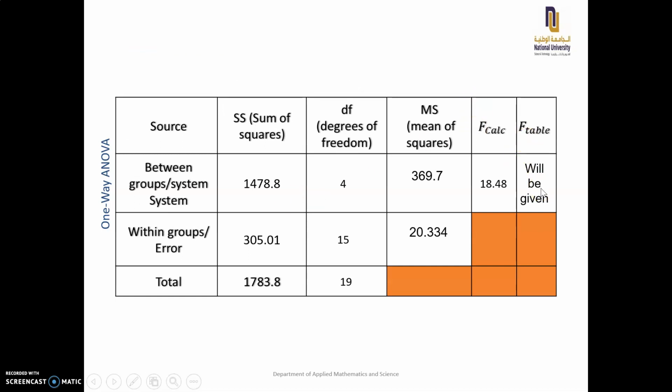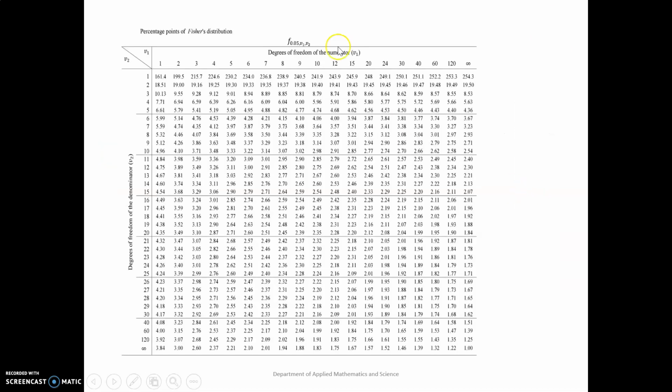Table value, we get it using the F distribution table. This is the F distribution table at alpha 5%. We look at the degree of freedom of numerator. Numerator means the degree of freedom of between, which was 4, because we have 5 systems, so 5 minus 1 is 4.